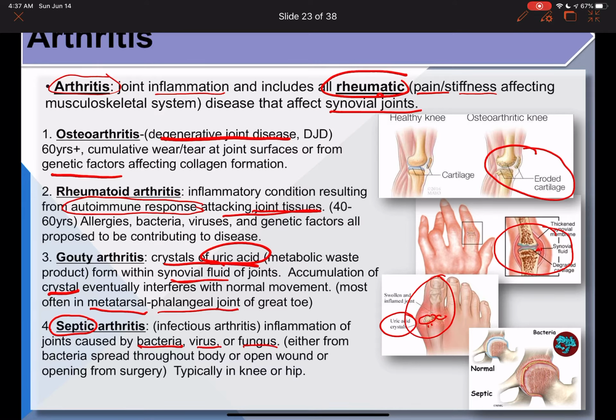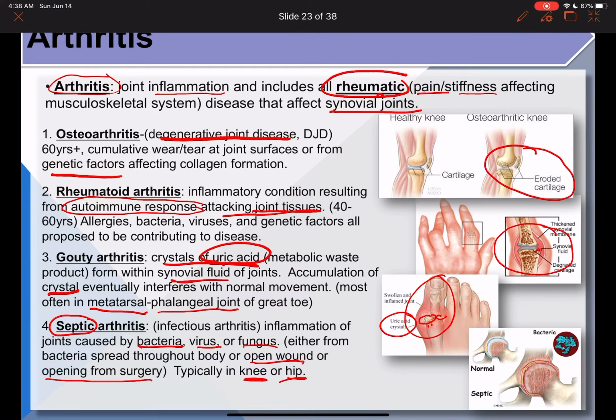This usually happens due to probably an open wound or a widespread bacterial infection that affects the entire body, including your synovial joints, or if you had an open surgery and bacteria somehow went in or something was contaminated. So that can also lead to septic arthritis. Typically it happens within the knee or the hip.